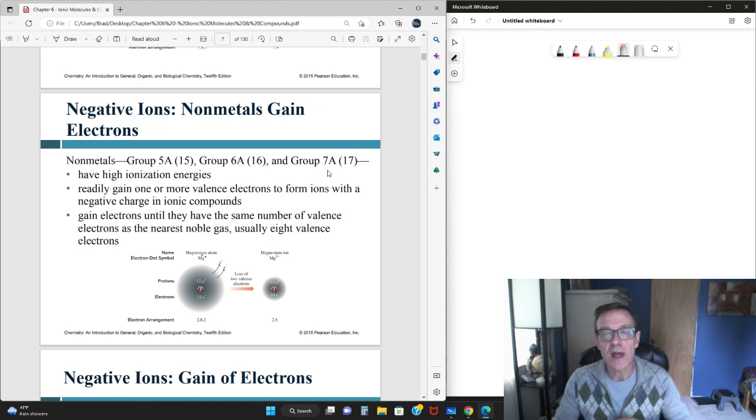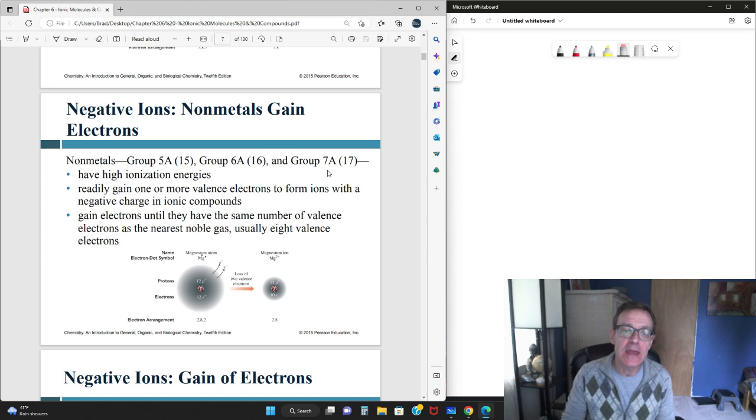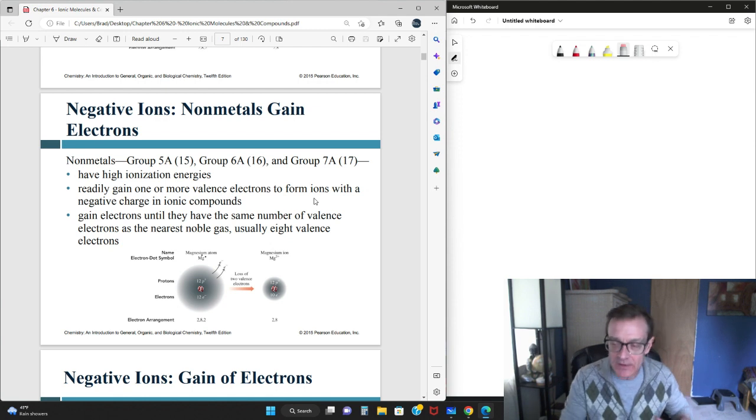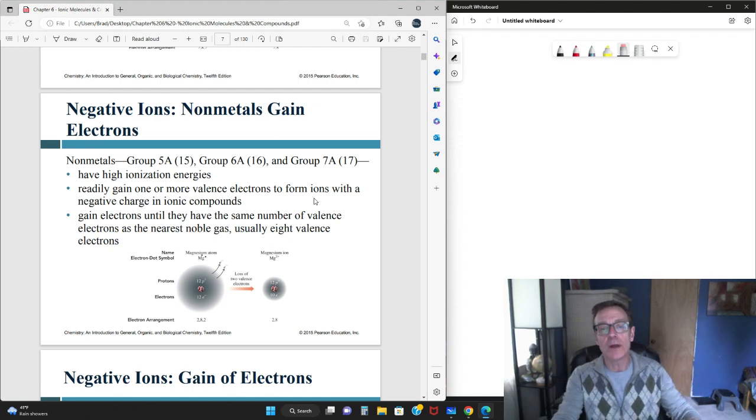So nonmetals, like we had mentioned, to get happy and get their octet, are going to want to steal or take those electrons from a metal to fill up that shell. So the metals are giving up their electrons. Groups 5, 6, and 7A want to take on those electrons.